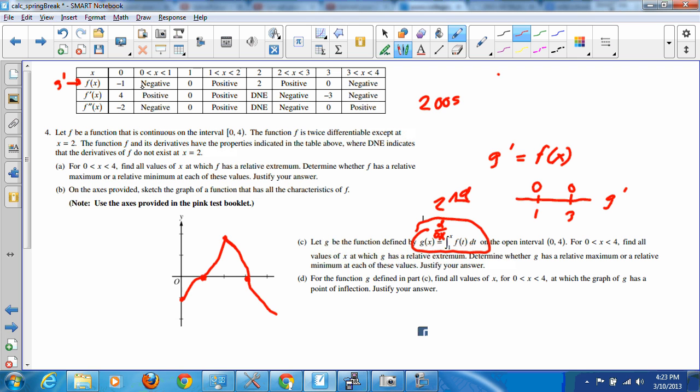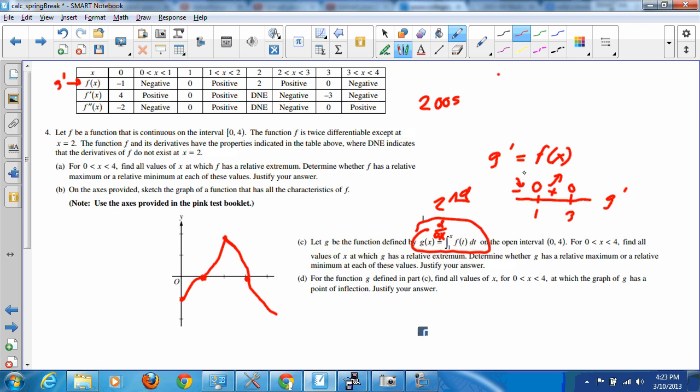And let's just examine what's happening to the left and to the right of each one of these values. So this is 1. To the left of it, it's negative, so the function's decreasing. Got a little arrow right there. And then from 1 to 3, it's positive, so we have an increasing function.